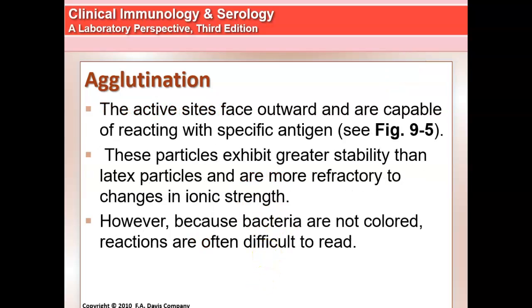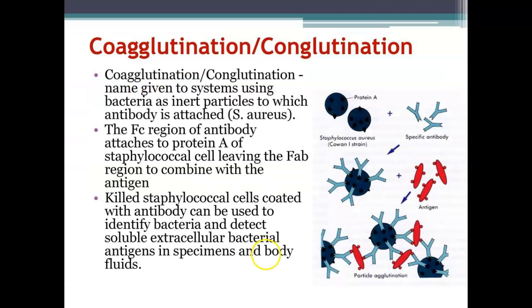The active sites, or Fab, face outward, and they're capable of reacting with specific antigens. These particles exhibit greater stability than latex particles and are more refractory to changes in ionic strength. However, because bacteria are not a color, reactions are often difficult to read.